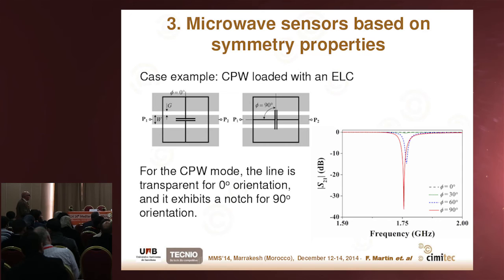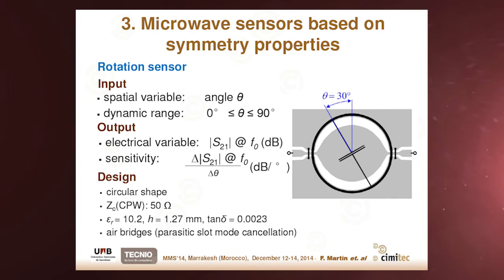So it means that for the fundamental mode of the CPW, we have walls of different electromagnetic nature, and in that case, the structure is transparent. But if we rotate 90 degrees, we have here a magnetic wall for the resonator. So we have walls of the same electromagnetic nature, meaning that we have a strong notch for this 90 degree situation, as shown here.